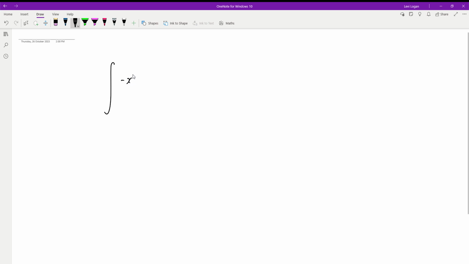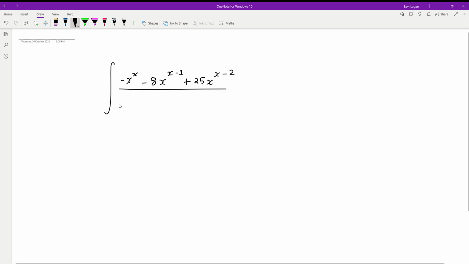Negative x to the power of x minus 8x to the power of x minus 1 plus 25x to the power of x minus 2, divided by x e to the log, oh wait, there's x there, sorry.